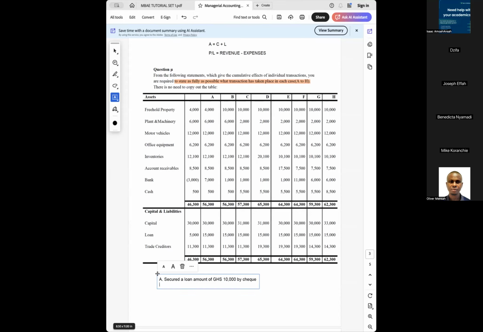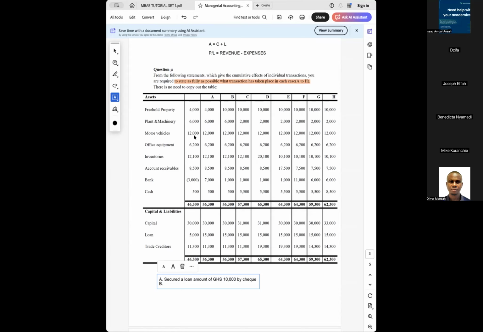Let's see if we can discuss B. What transaction would occur at B? For B, we are looking at the differences on column B as against column A. Take note, we are not moving from B to the very first column.